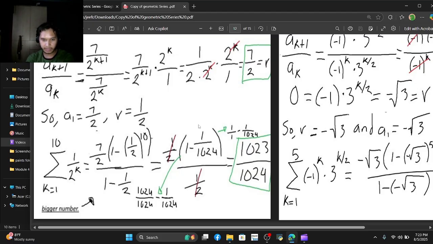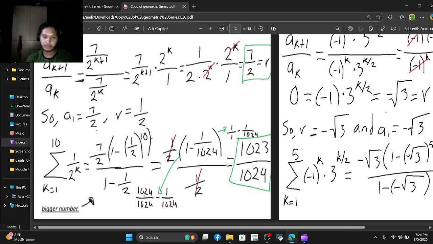Now we just focus on this one right here. As explained before, this 1 minus 1 over 1024, we have to have the same denominator. So we multiply by 1024 on the bottom and up.